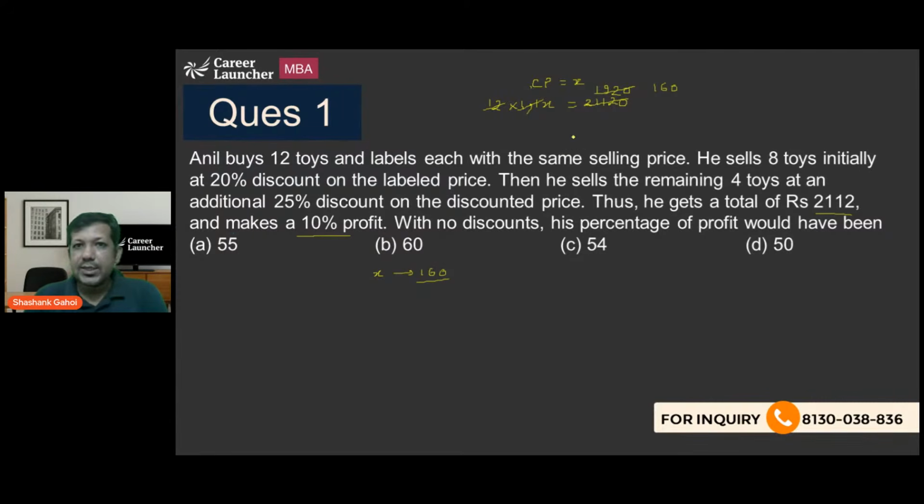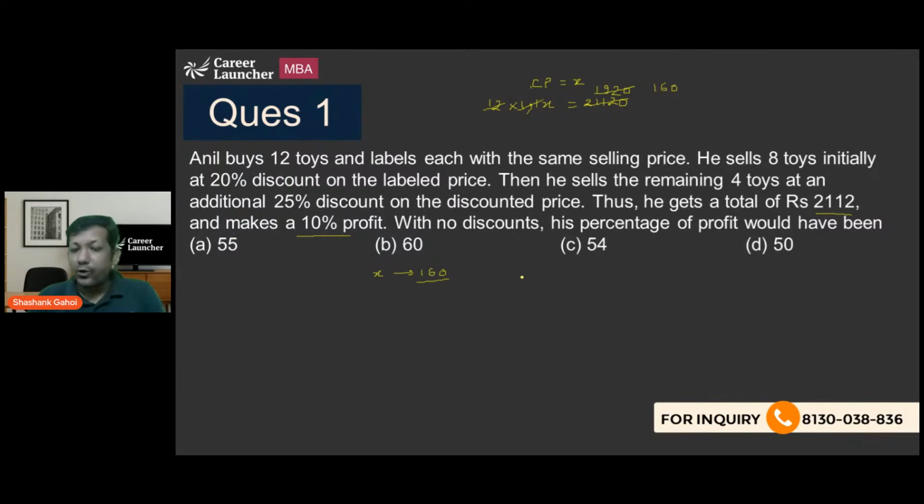He's making a profit of 10%, which means he is selling the article at 176, the average selling price we are talking about.